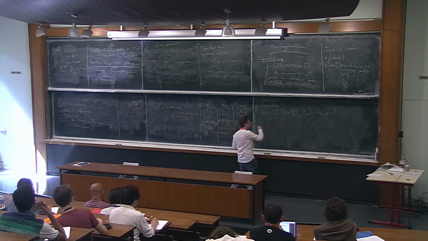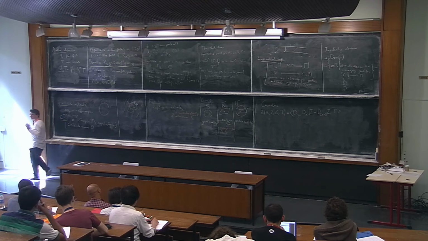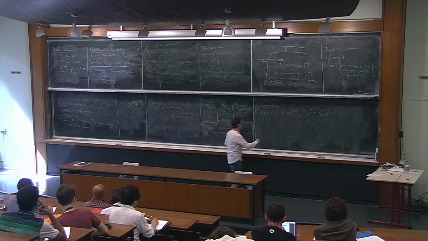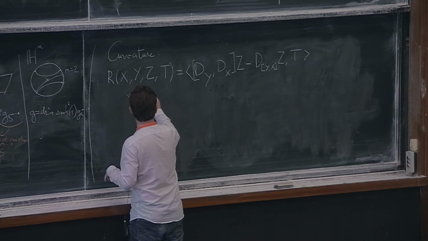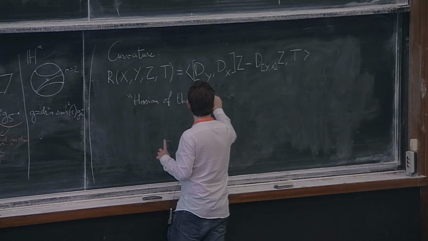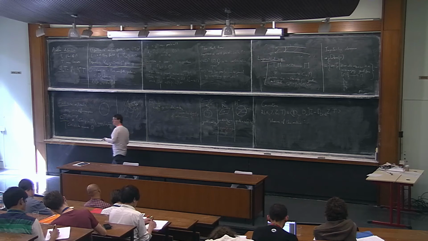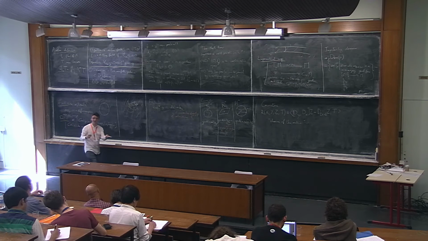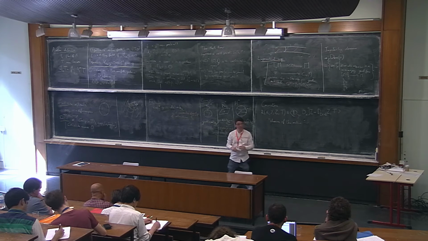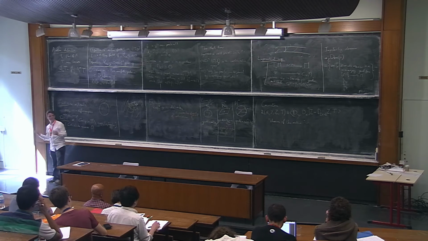So if you write it in coordinates, it involves second derivatives of the metric. And this is in some sense the right notion of Hessian of the metric. To define the Hessian of a function, you need two directions to say what's going on. Here, you define the Hessian of a bilinear form, so you have two more indices. So yeah, that's all it can be.